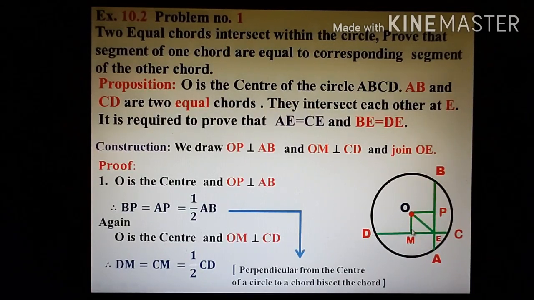Means DM is equal to half of CD and CM also equal to half of CD. Because OM is a perpendicular and CD is a chord. When a perpendicular is drawn on a chord, then that chord will be equally divided. This one is step number 1.